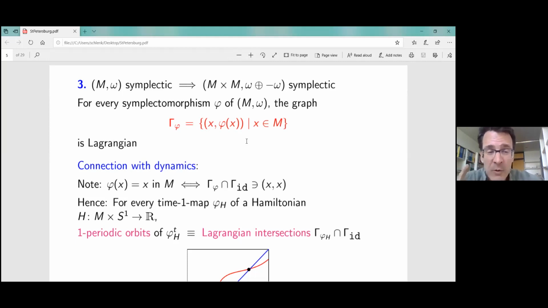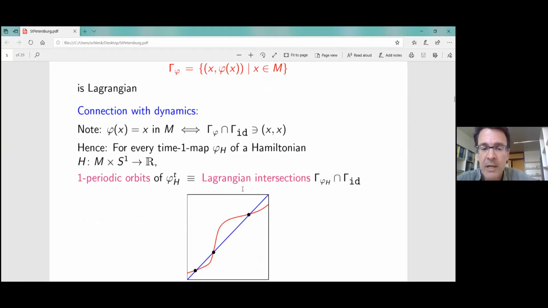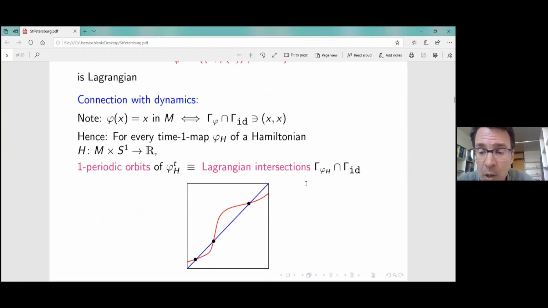So now when you take phi not to be just a symplectomorphism, but a Hamiltonian diffeomorphism of a Hamiltonian that is time-one periodic, or if you want, autonomous, you choose. Then finding one-periodic orbits of a Hamiltonian system on M is the same thing as finding Lagrangian intersection points of these two Lagrangian submanifolds, which is a much more geometric and topological problem, and which is addressed by Floer by his Lagrangian Floer homology, right?